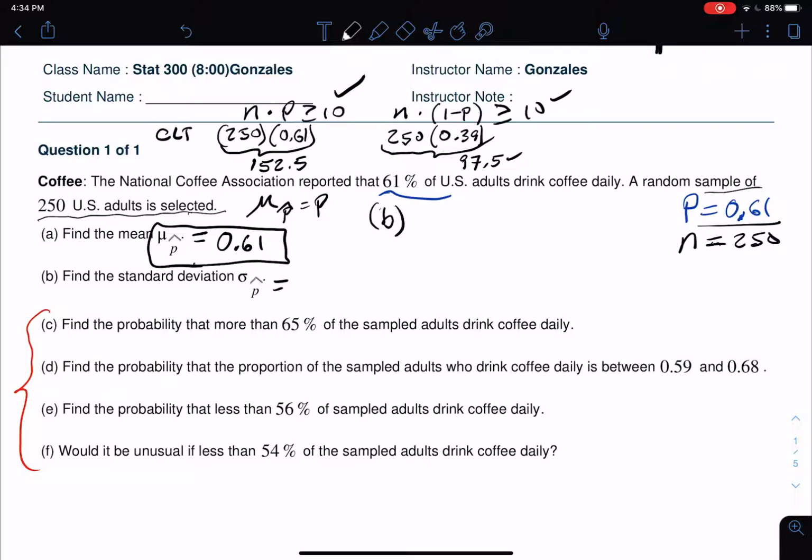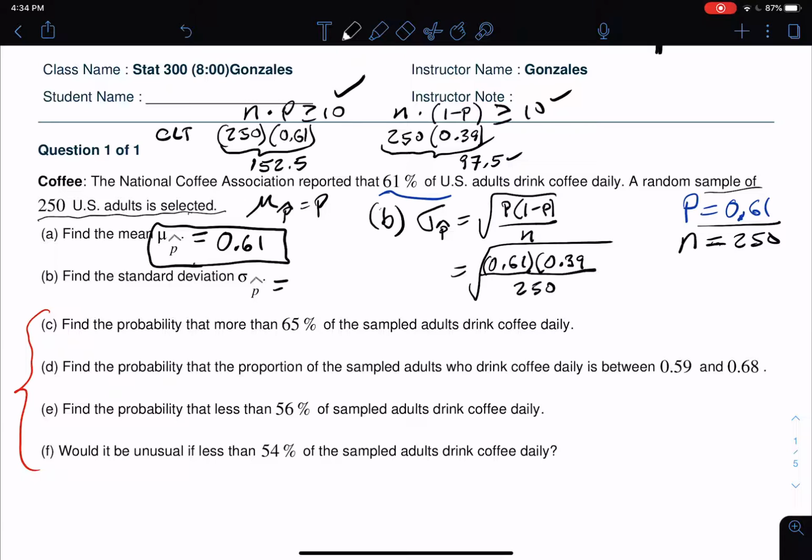So B is, we're going to take the standard deviation of the sample proportions by our formula. It's just the square root of P, the population proportion, times its complement divided by n. So what does that look like? Our p-value is 0.61 times the complement of 0.61, which is 0.39, all divided by our sample size of 250, and that gets square rooted.